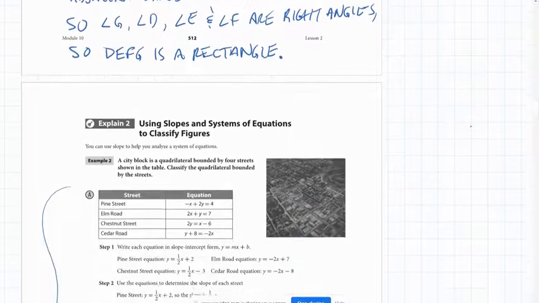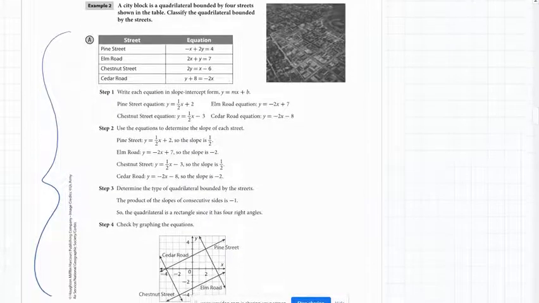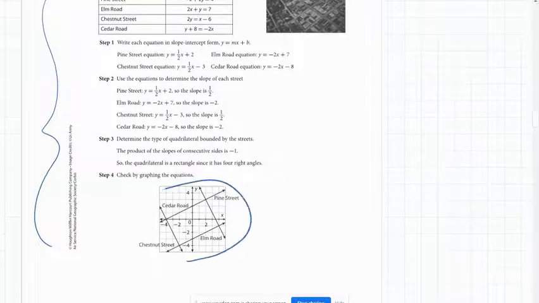Okay, so then going on to the next page. In this example, they give us a bunch of equations of lines that match the streets on a grid. Basically the equations of these four streets are up here in the table.